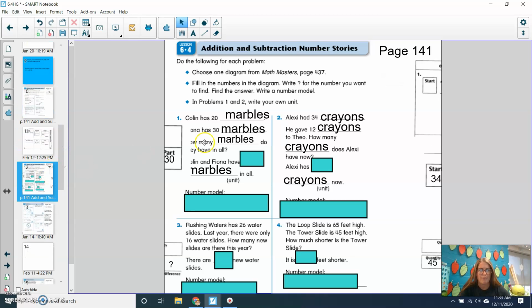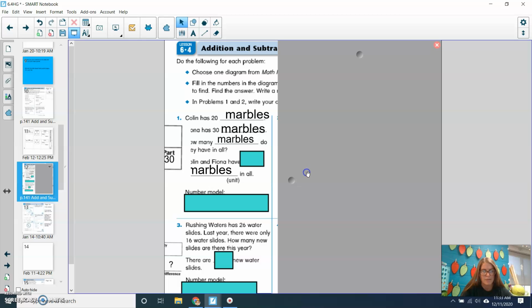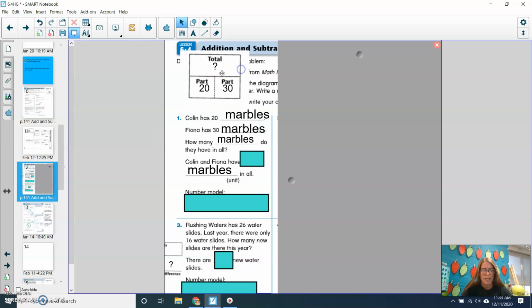So this is what problem number 1 looks like. And I'm just going to put up a screen quick so we have a little bit more of a focus. Okay, so I chose to use marbles because marbles is something else that I like to collect. So I said Colin has 20 marbles. Fiona has 30 marbles. How many marbles do they have in all? And so I'm going to use that total part diagram. And notice how I put 20 in one part and I put 30 in the other part.